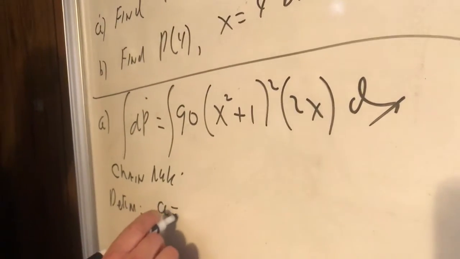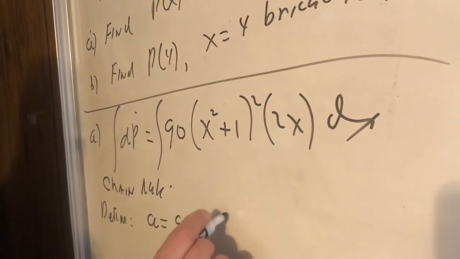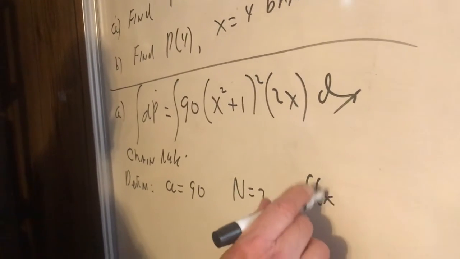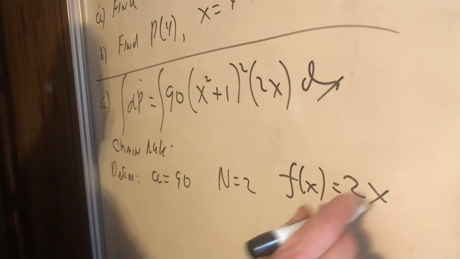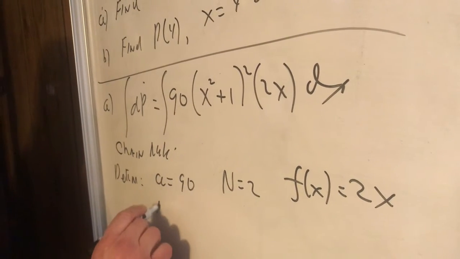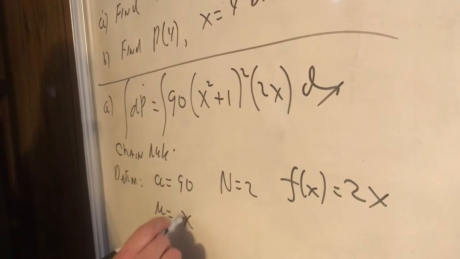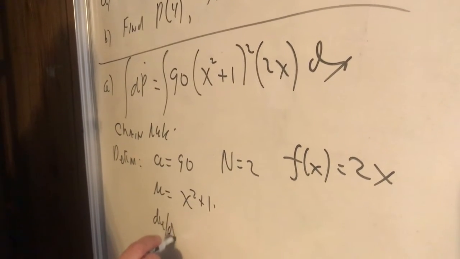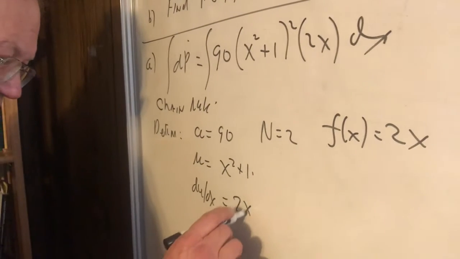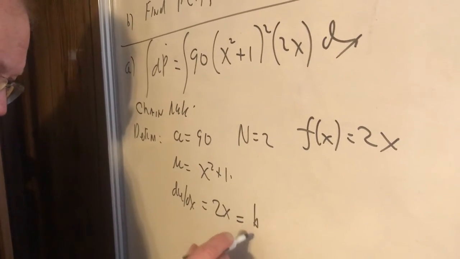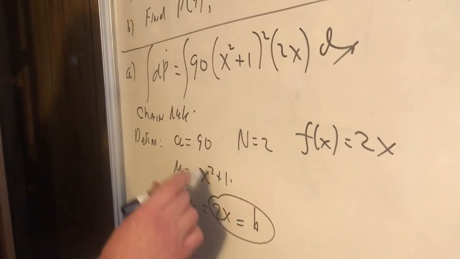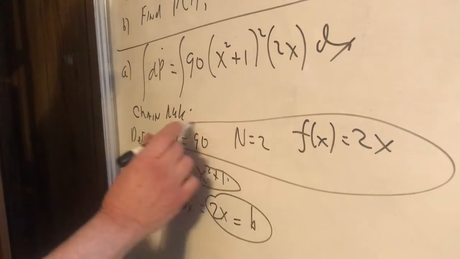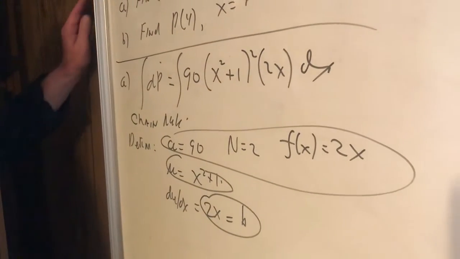Here A equals 90, N equals 2, f of x equals 2x, u equals x squared plus 1, and du/dx is 2x, which equals b. So we need b, we need u, we need all these, and we substitute in the chain rule.